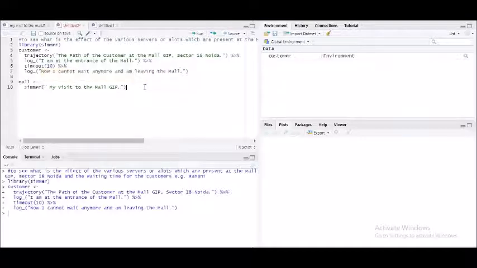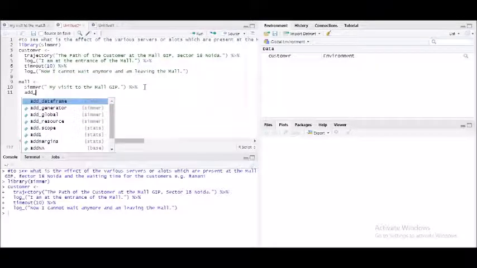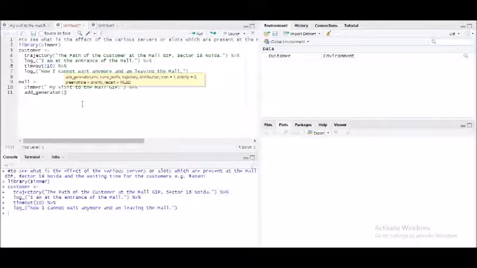Now add generator for the simmer package. It comes with certain parameters that need to be added so that I can give the values to the customer. For example, for the customer in this simulation, I am saying that the customer visits the mall at 5 minutes, spends around 10 minutes, gets irritated, loses patience, and immediately tries to leave the mall.